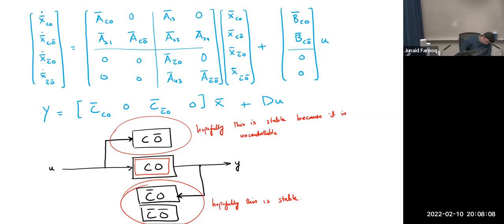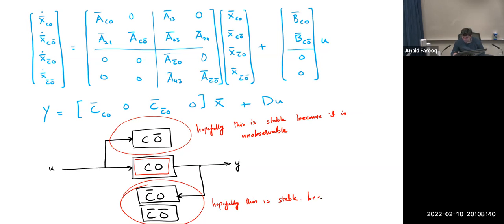Oh, I mean, unobservability is here. Oh, I think you were right. I think this is unobservable, right? So even if it is unobservable, it should be stable. So hopefully we don't have issues.